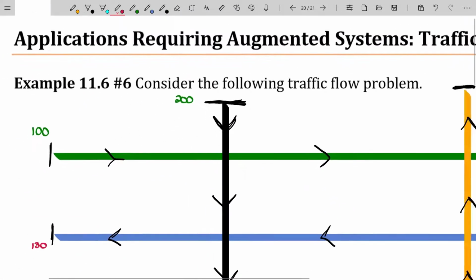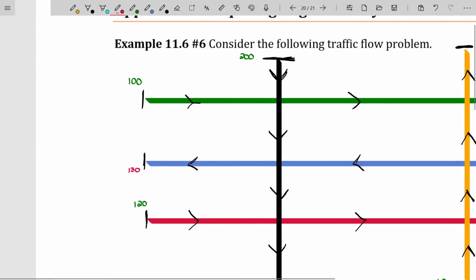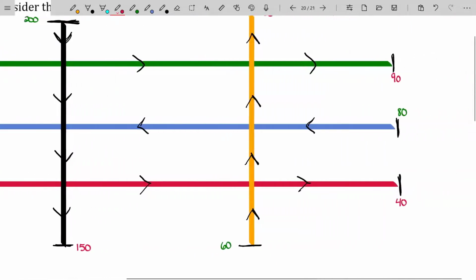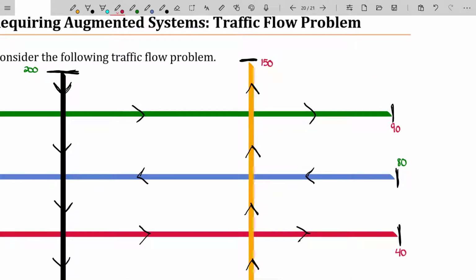And again, Green Street, they had 100 cars flowing into their street, into this network. Red Street had 120 cars flow in. Let's see. Orange Street had 60 cars flowing in. And Blue Street had 80 cars flowing in.